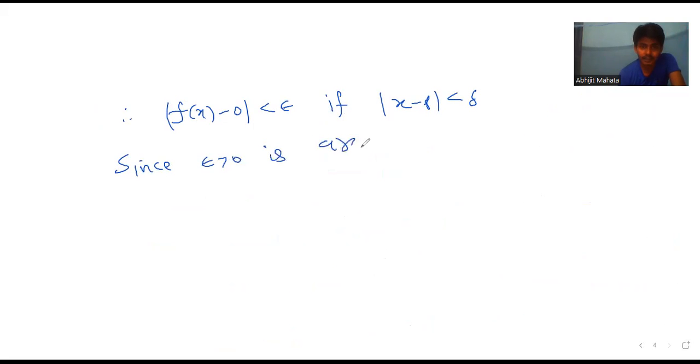So we are getting |f(x) − 0| less than epsilon if |x − p| is less than delta. Since epsilon greater than 0 is arbitrary, the limit as x tends to p of f(x) equals 0.